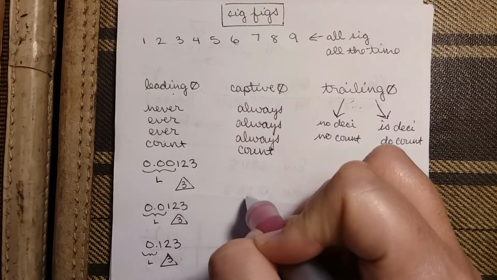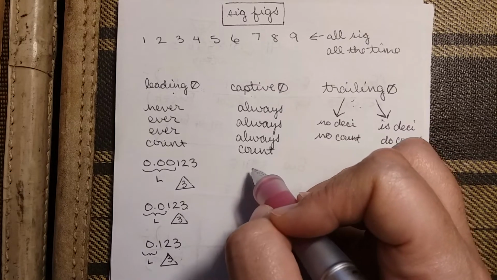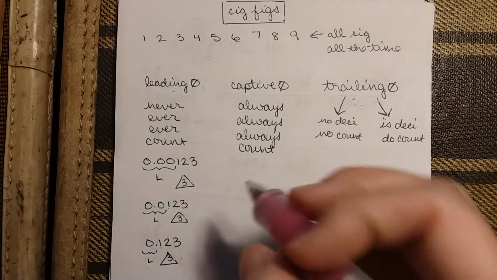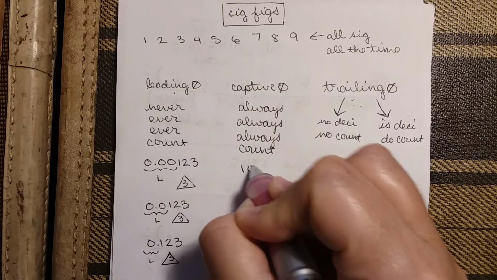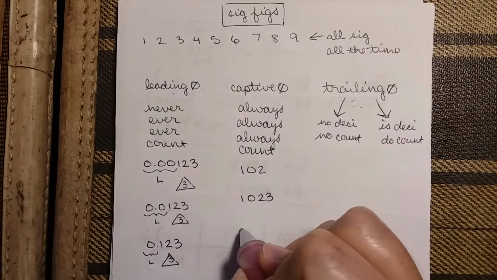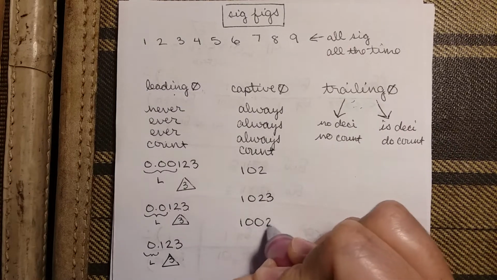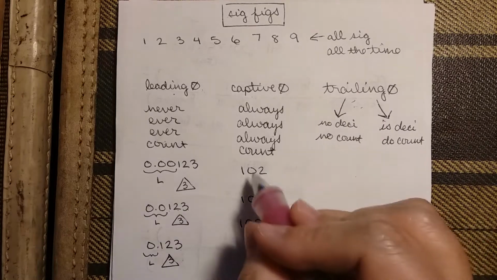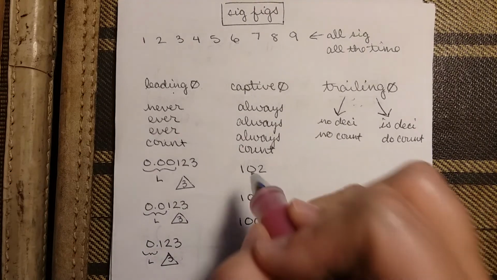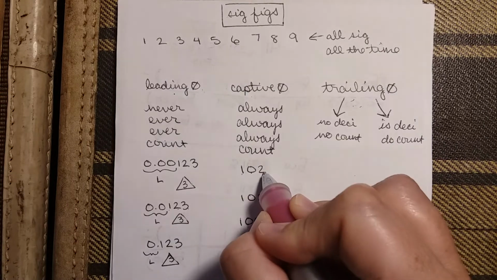Captive zeros. I love this term. I got this term from Zumdahl and Zumdahl's book, and I think that's when I first ever heard it. Captive zeros, like 102, 1023. It could be 10023. I just want to stick with the 1, 2, 3s. They seem fun to me. But this guy's a little prisoner. He's a captive, and here's a prison guard, and here's a prison guard.